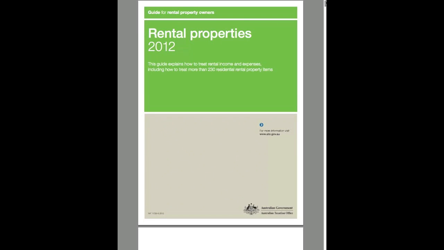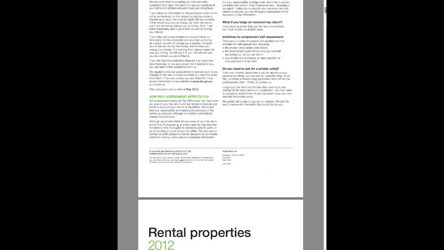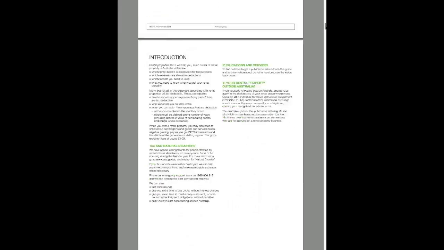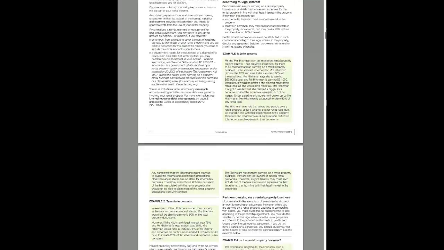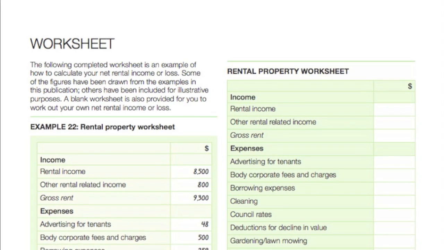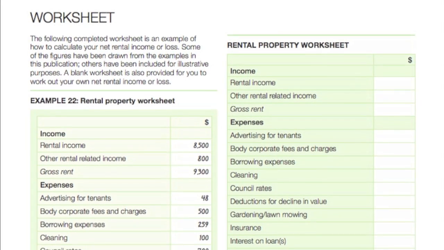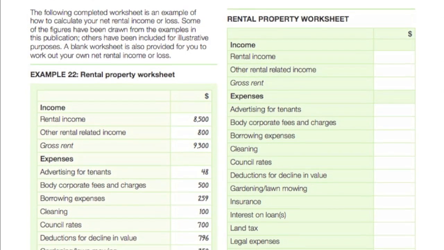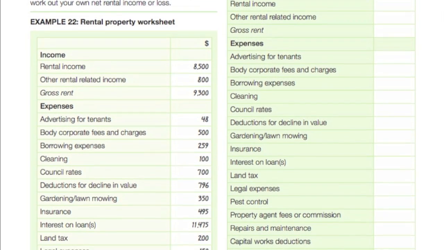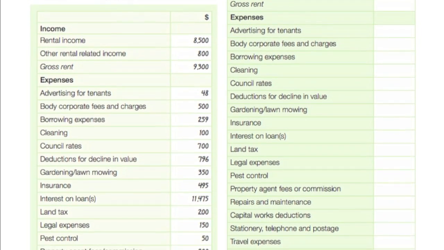The Australian Taxation Office provides us with a property investment guide for rental purposes, and this guide is very advantageous for you to have a copy of. You can download it from the ATO site or email us and we'll send you a copy of it. Now on page 22 of this particular report is a good worksheet which is very simple to use, and all you do there is list all the deductions on your property.